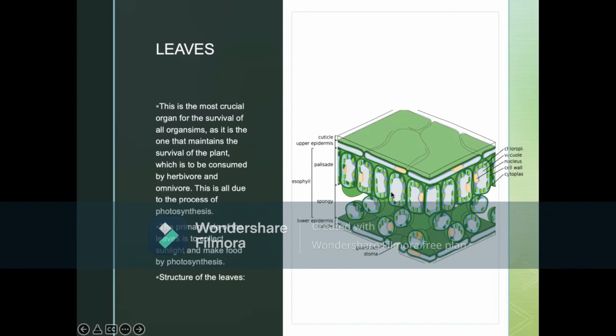Now, as you can notice, there are slight differences other than the shape between the palisade and the spongy cells. Here you can see that the palisade cell is much more packed with chlorophyll than the spongy cell. This is because the palisade cell is positioned more above at the surface of the leaf, so it contains more chloroplasts and it's more packed close to each other.